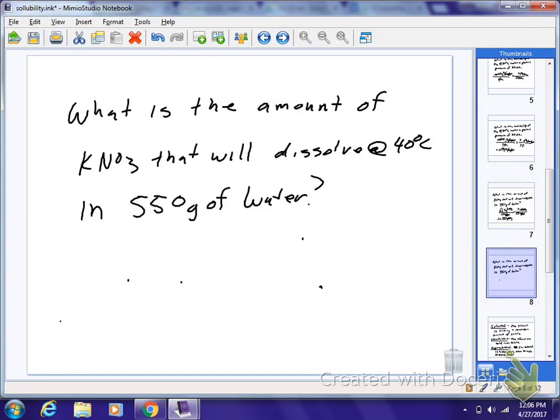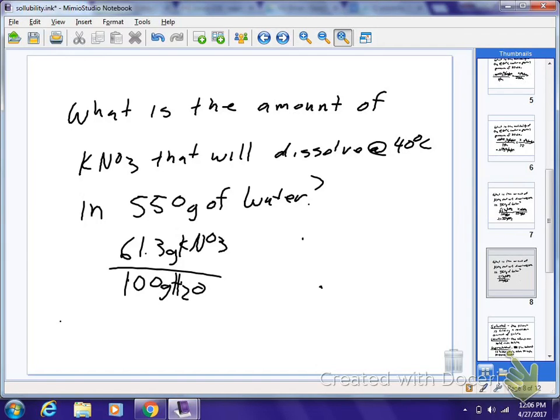Okay, so again, this is a lot of common sense. You go, oh, I know. If I look on the chart, it tells me 100 grams. So I look on the chart, and it says, hey, I can dissolve 61.3 grams of KNO3 if it's placed in 100 grams of water.